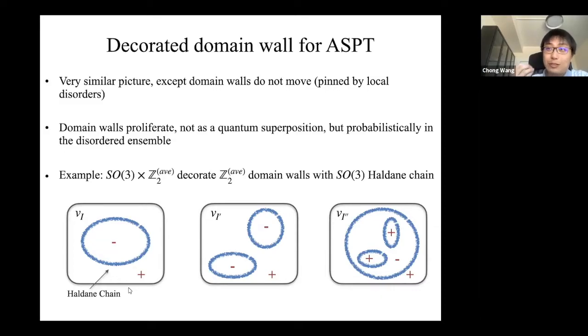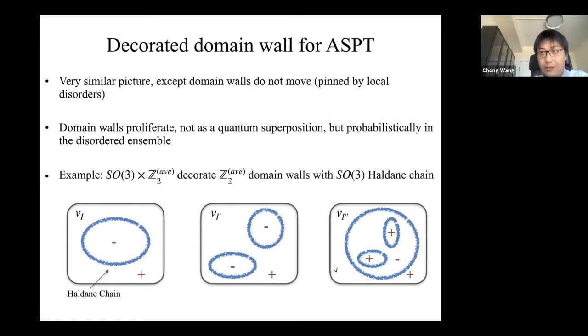However, the domain walls do proliferate, not in the quantum sense, not as a quantum superposition, but at the level of classical probability. In this disorder ensemble, I'll have this configuration where I have a domain wall like this, but then I'll have a different configuration with a domain wall structure like this, and then yet another configuration with a domain wall like this. So as long as my Z2 symmetry is not spontaneously broken, in this ensemble I will have configurations with arbitrarily large domain walls.